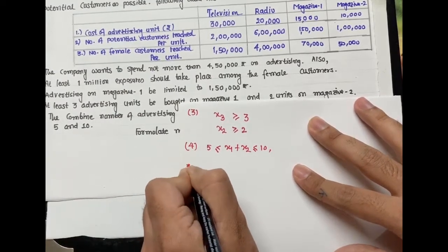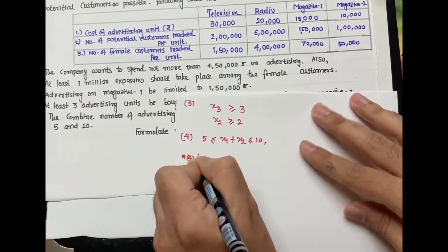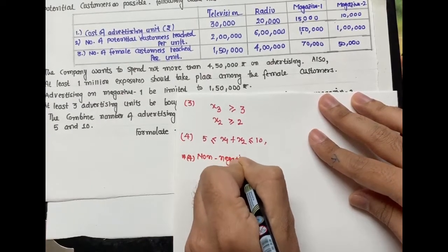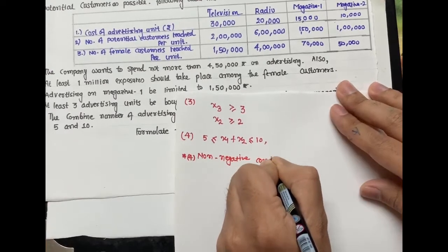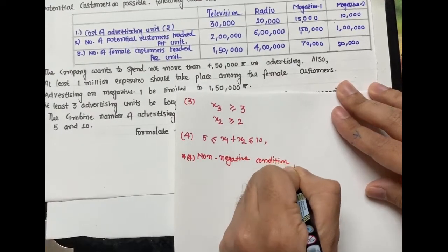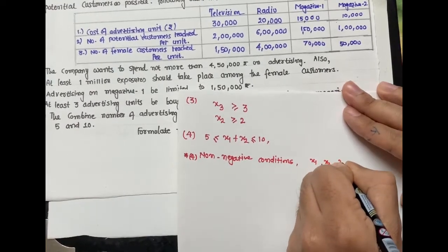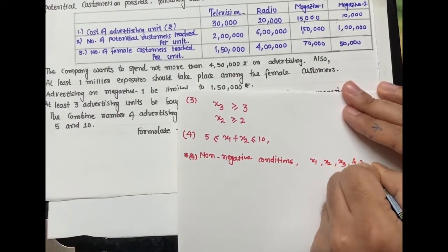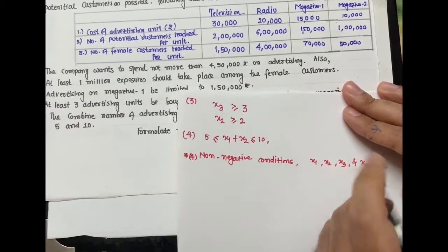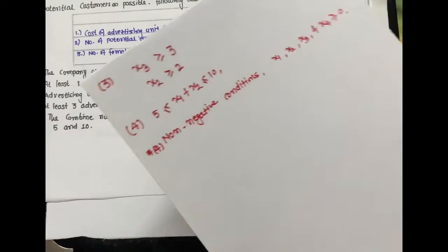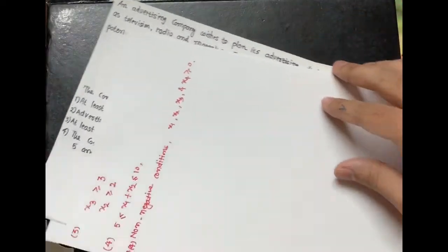And last, the non-negativity conditions: x1, x2, x3 and x4 are greater than or equal to 0. Okay, this is how we may formulate the problem from the descriptive analysis.